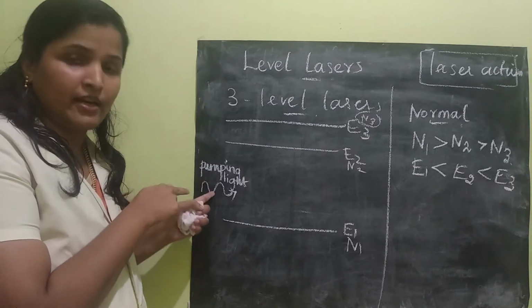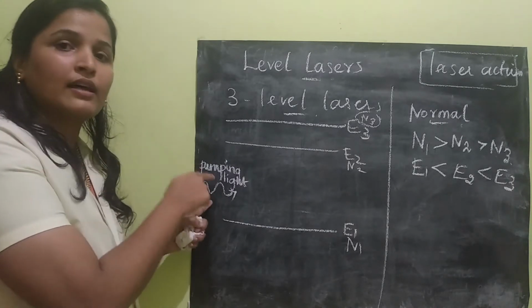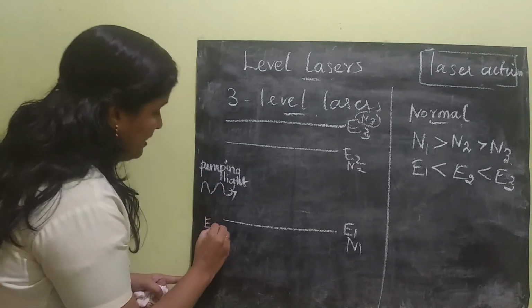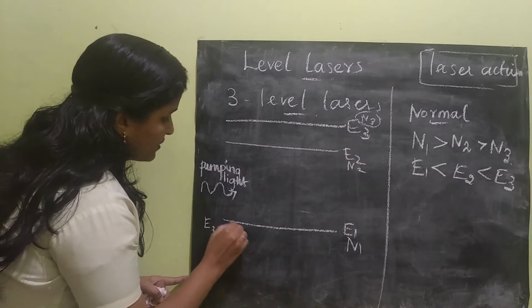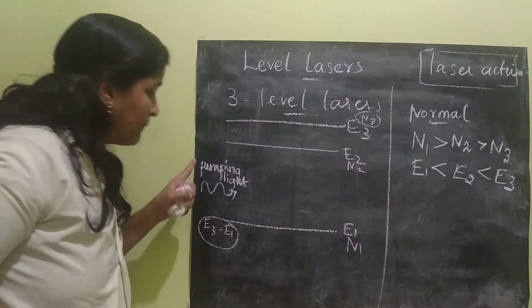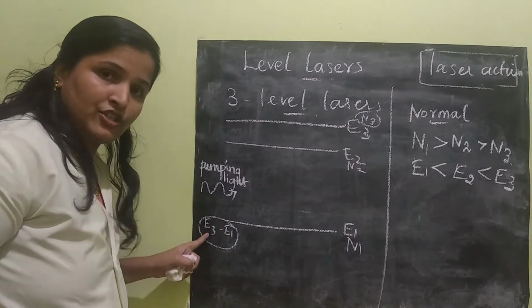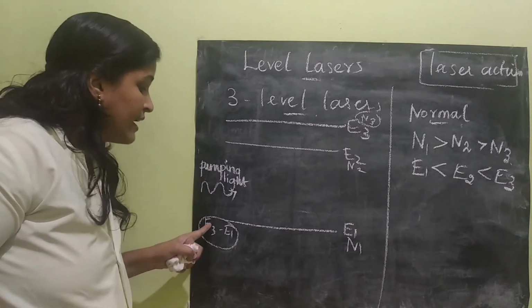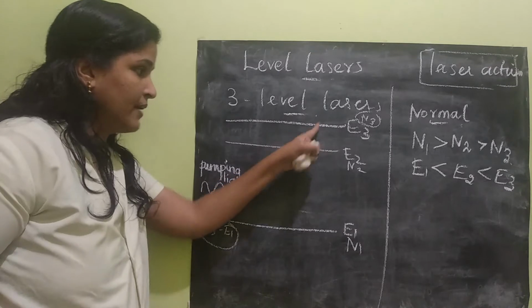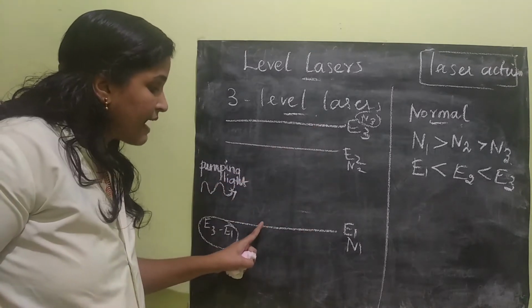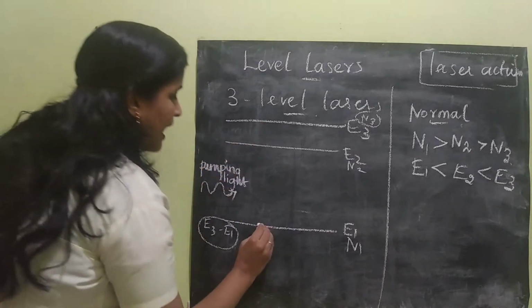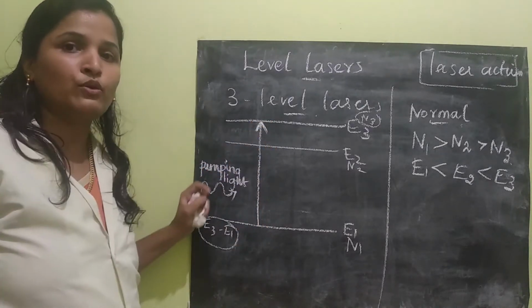Here I am going to give the energy as the difference between E3 and E1. If the pumping light has the energy of the difference between E2 and E1, the atom will excite to E2.